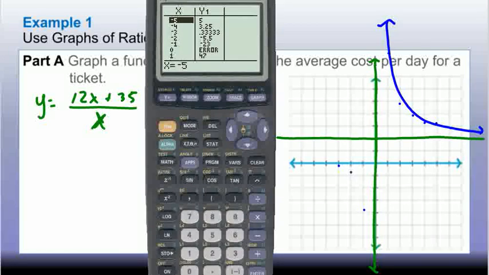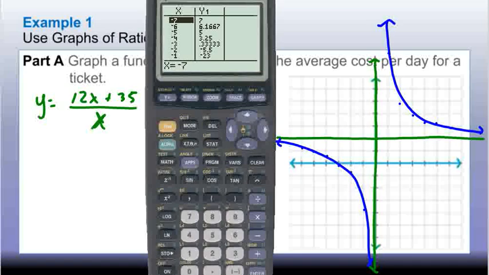Then 4 would give us 3.25. So here, -5 and 5, so that'd be roughly there. Then -6 and 6. Then -7 and 7, so it goes up something like this.